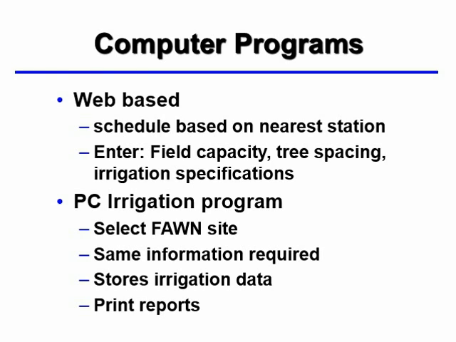We've gone to a PC program where you would select your FAWN site. It requires the same information as the irrigation scheduler through FAWN, but there are ways of modifying it so you can make it more customized to your specific location.